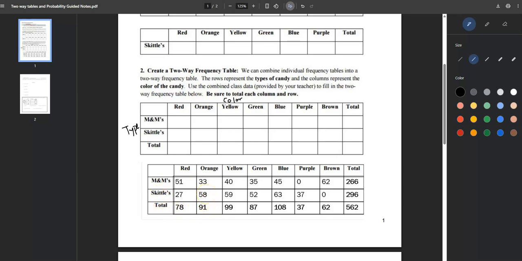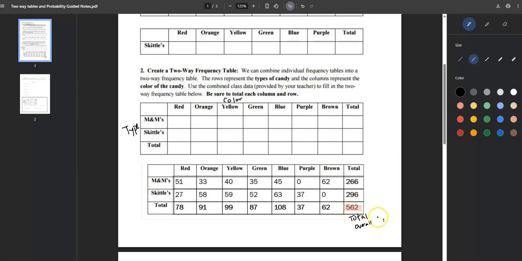So if I look at this, let's make sure you understand a couple things here. There are 562 total candies. That is my total candies, regardless of whether it's an M&M or Skittle.